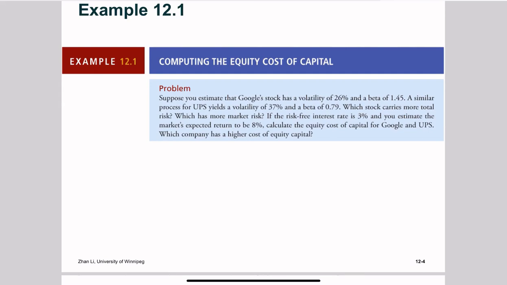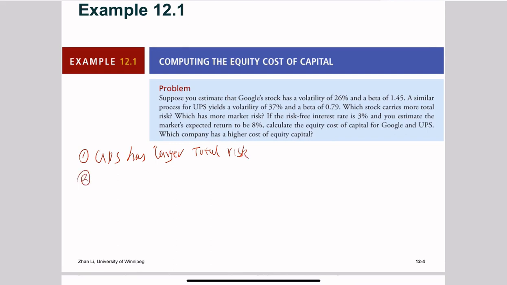First, you have to understand what is the measure of total risk. It's volatility, right? And here you can see that Google has a volatility of 26% and UPS has a volatility of 37%. So the answer to the first question is UPS has larger total risk.